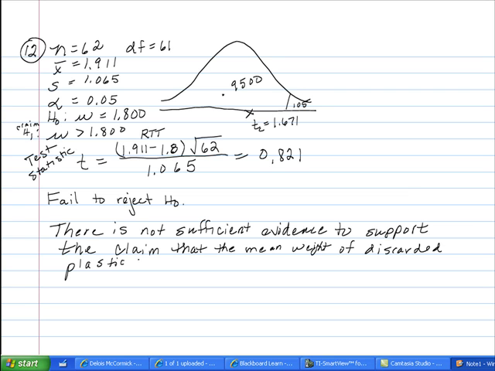Now, if you wanted to do it by the p-value, we can use the calculator to do TCDF 1.671 to 10, degrees of freedom would be 61. So the calculator is a little more exact than the table in the back.